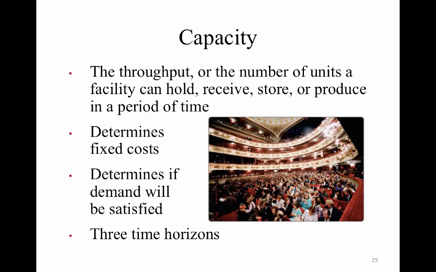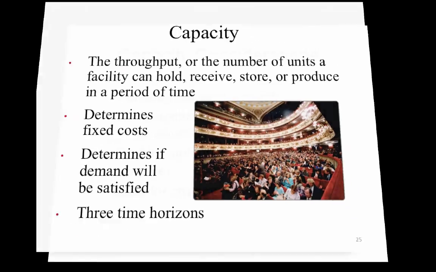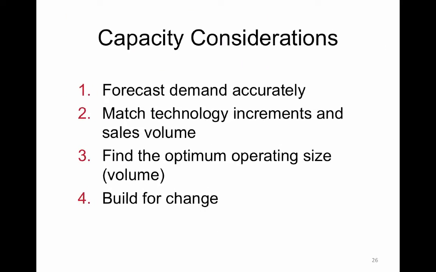When we talk about capacity, we want to talk about the maximum number of units a facility can hold or produce in a certain amount of time. Some considerations you'd have for capacity: forecasting demand accurately. I mean, if you can't forecast your demand, then how do you know if you have enough capacity, or how do you build the capacity to handle the demand?